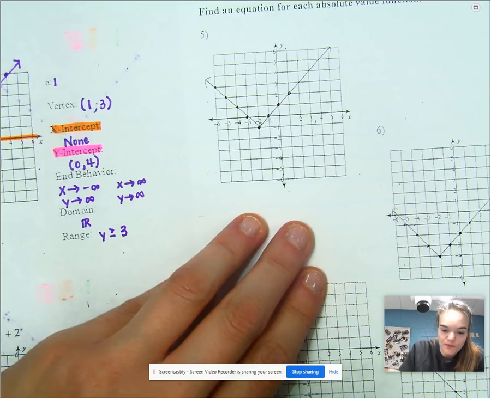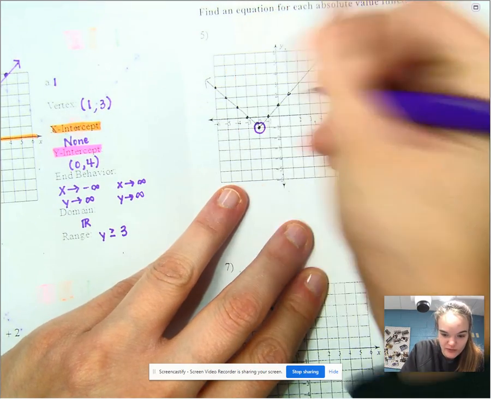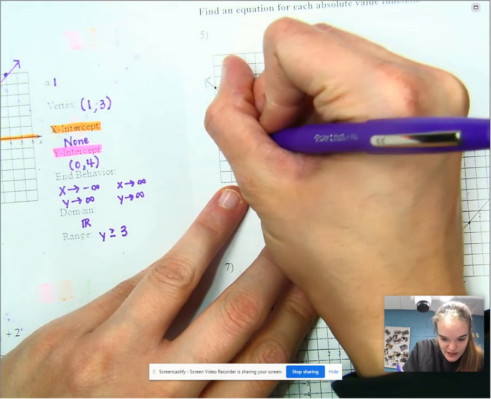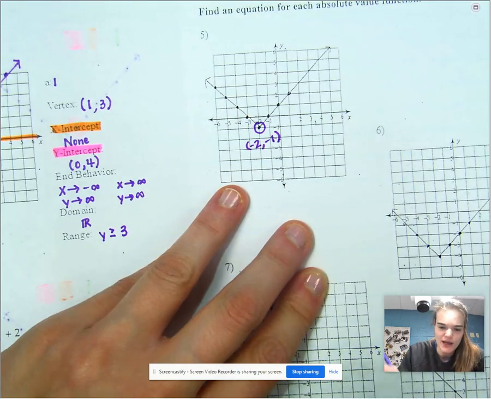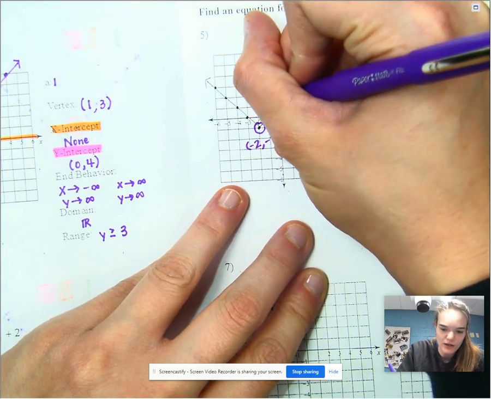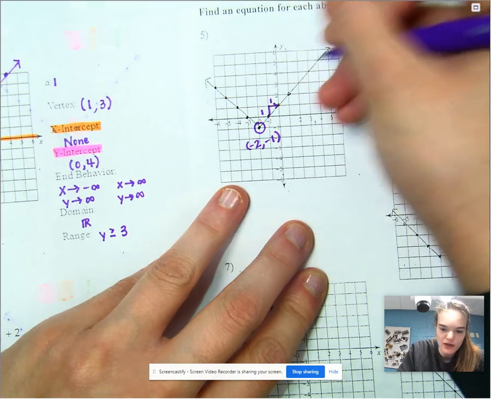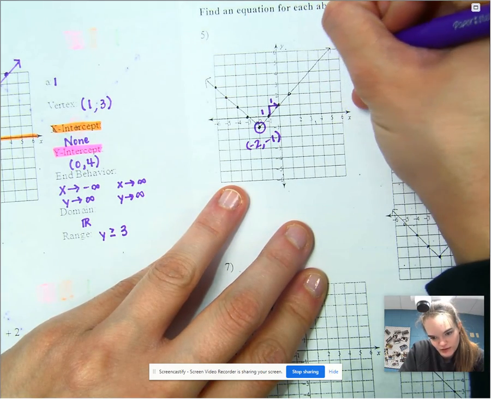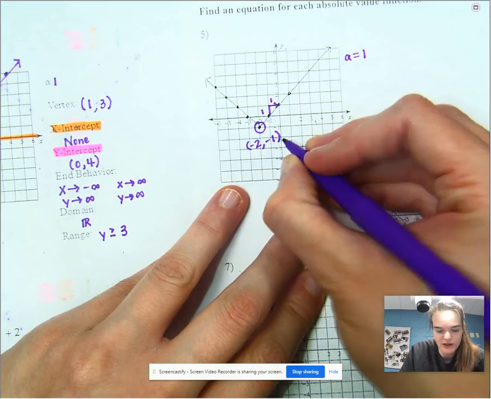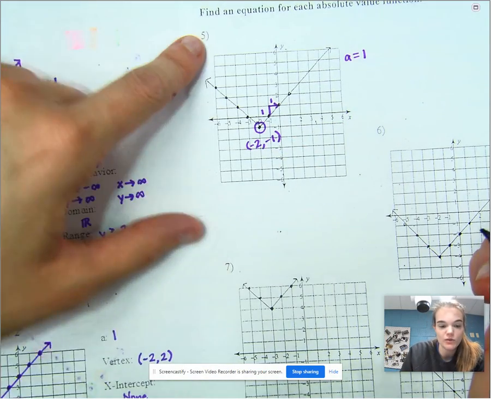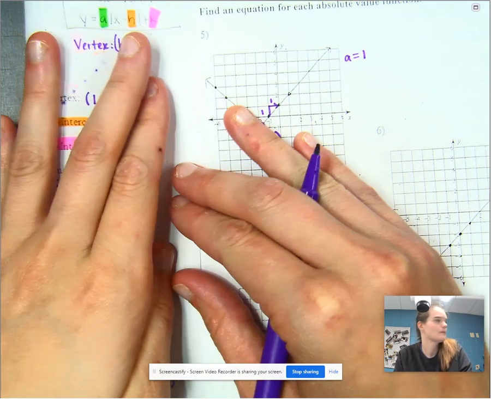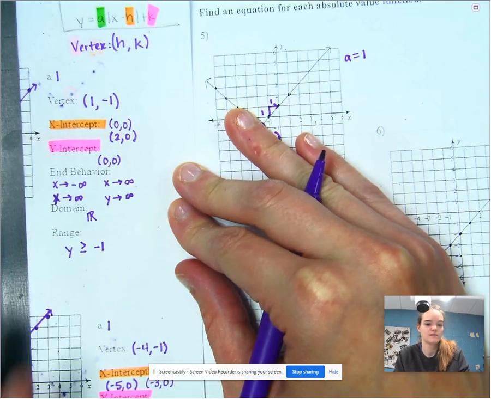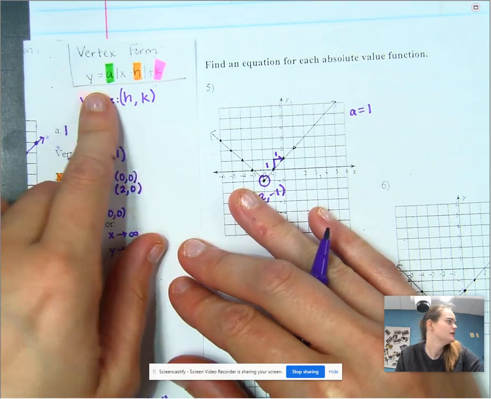So first, we're going to identify the vertex. The vertex is at -2, -1. A, since it's going up 1 over 1, is 1. So A is 1. The vertex is -2, -1. We are going to write this using our vertex form here.